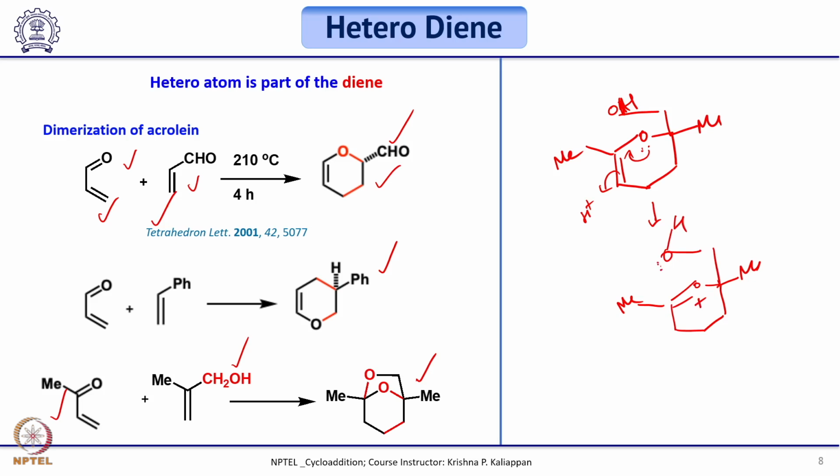Now this lone pair can neutralize the positive charge on the oxygen, that can give this product. So this is how you get, when you do this Diels-Alder reaction, in situ protected compound.